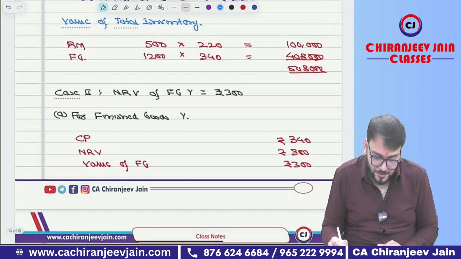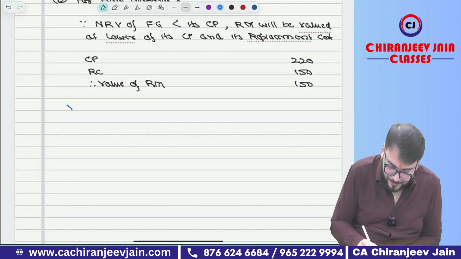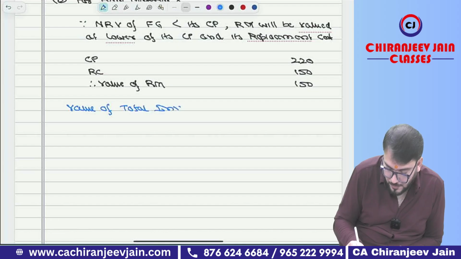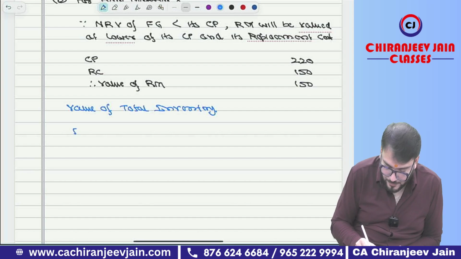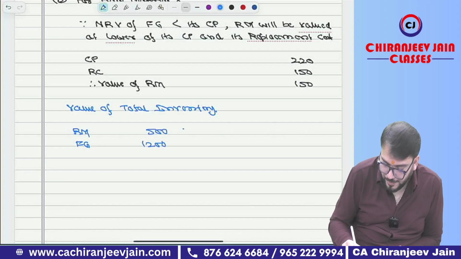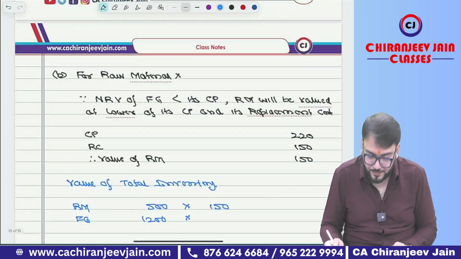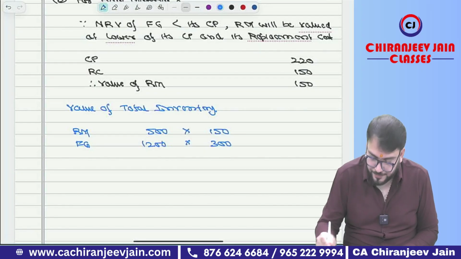So what is the value of total inventory? Raw material, finished goods: 500 into 150, and 1200 into 300.